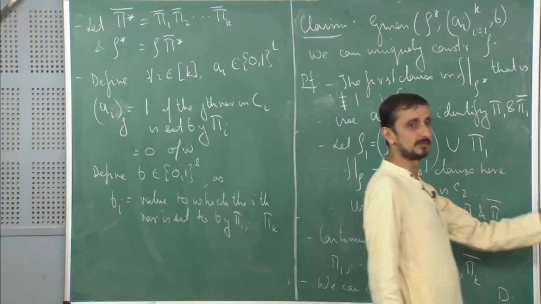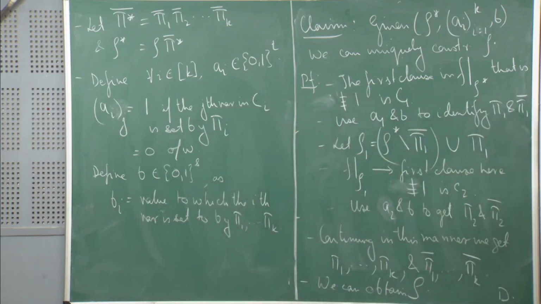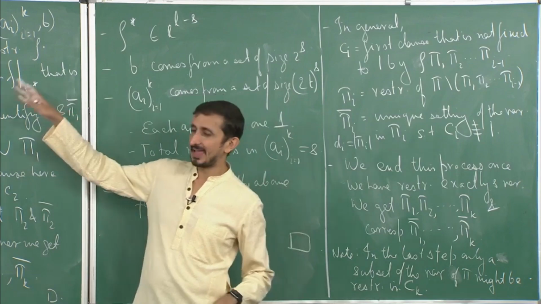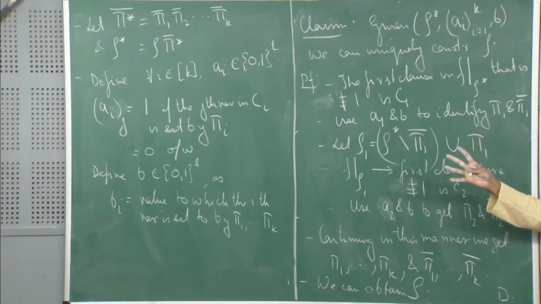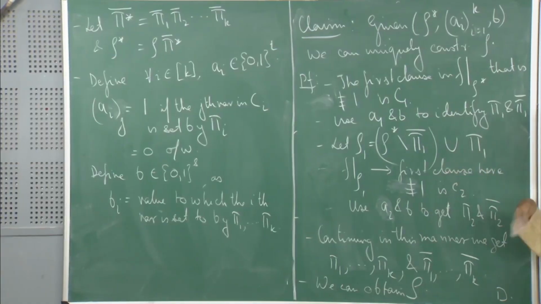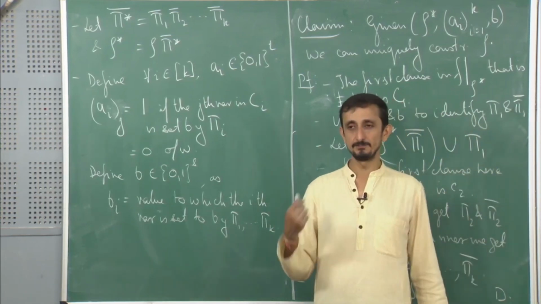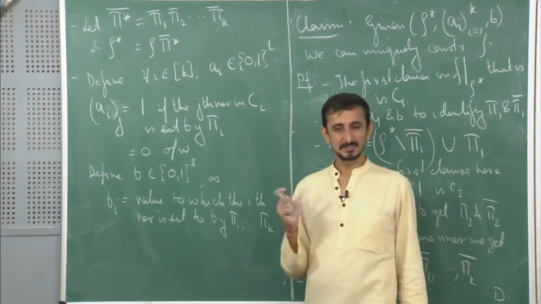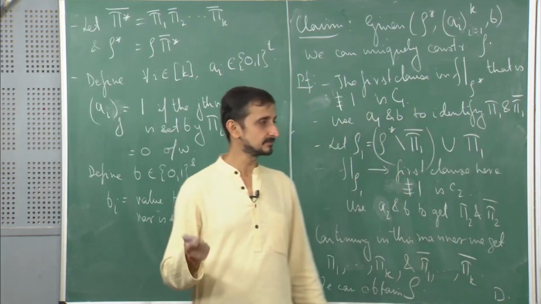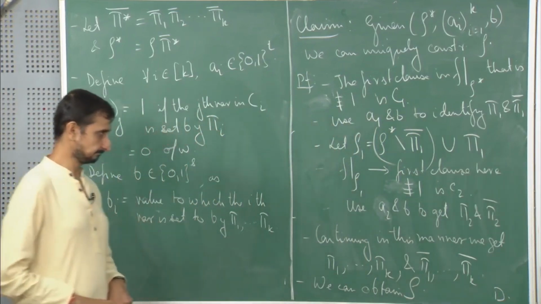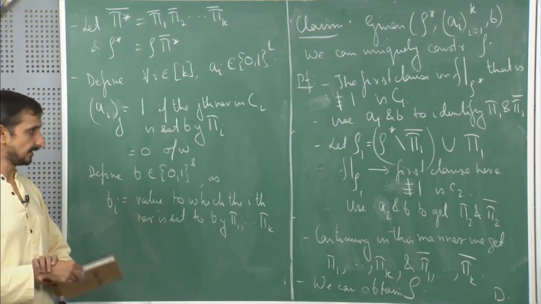So, he argued that such an injection actually exists. This constructive proof was actually given later by Razborov. So, this proof is actually even simpler. Hastad's proof is a little bit more complex, but this was a simpler proof that was given by Razborov.